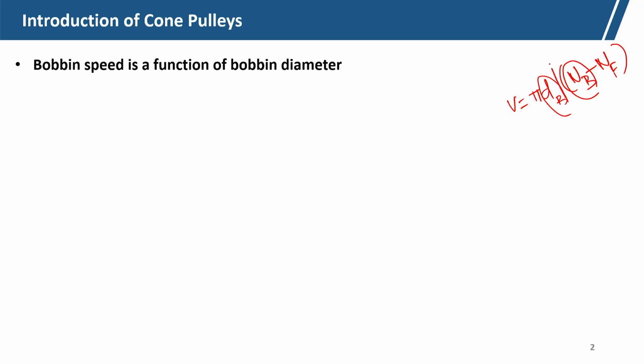As the bobbin diameter increases during building, to maintain this equation, V, the delivery speed, is constant and the spindle or flare speed is constant, so bobbin RPM has to reduce. That is why we need to change the bobbin speed in the case of the bobbin leading mechanism, and this is done through the cone pulley.